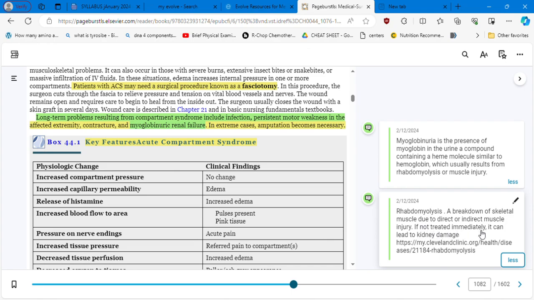If not treated immediately, it can lead to kidney damage. Okay, and I have added in the supplemental file information from the Cleveland Clinic about rhabdomyolysis. So in extreme cases, amputation becomes necessary when we get to this point in acute compartment syndrome.